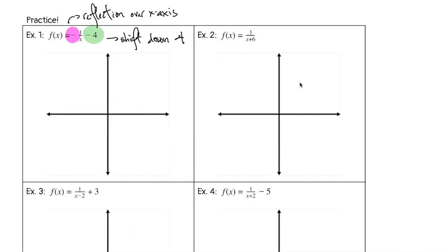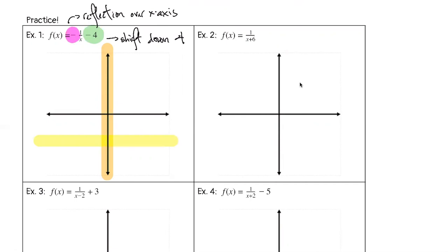So here's what we're going to do. If we don't move side to side, then our vertical asymptote stays the same. But if we move our function down 4 units, our horizontal asymptote is actually now lower.